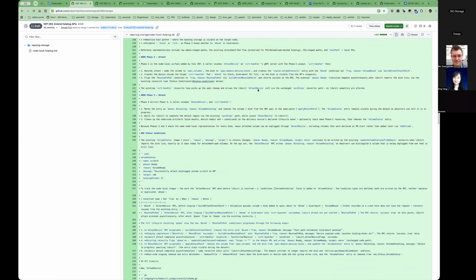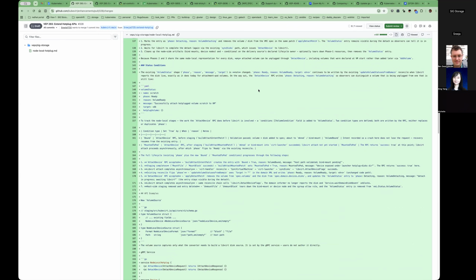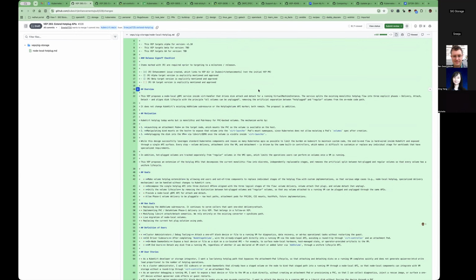What do we mean by hot plugging? Hot plugging is an important feature for VMs. It would be attaching a PV to an already running pod, which most CRIs don't support, but VM type CRIs can easily support.